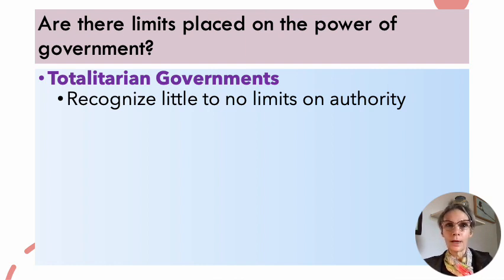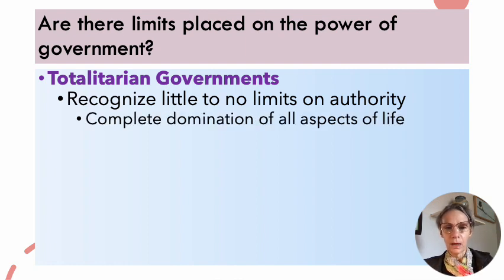Or executing laws in a way that violates human rights and civil liberties. Totalitarian governments really try to control all aspects of people's lives. The number of children that they can have, the music that they listen to, right? Even how they dress, right? It is really this total takeover of people's lives, complete domination of all aspects of lives.